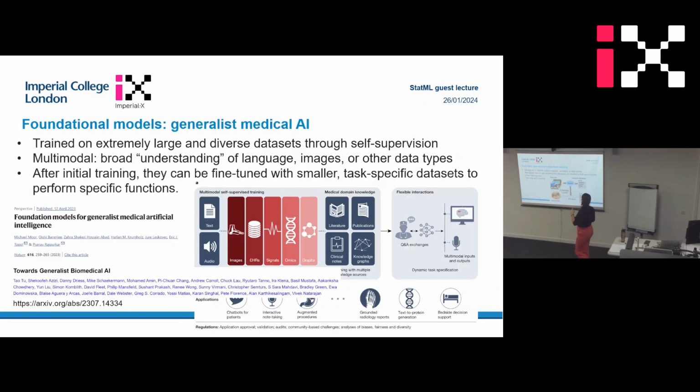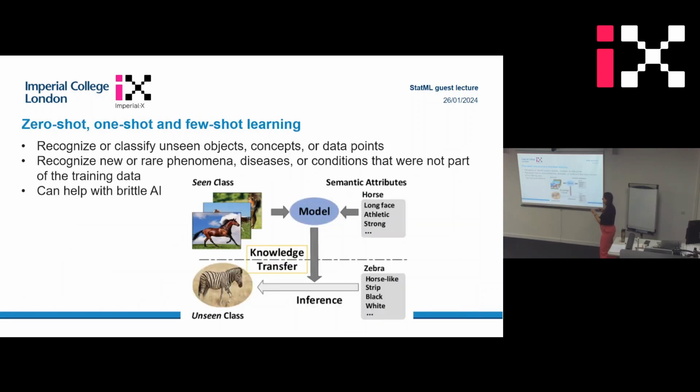These foundational models are very often very good at either zero-shot or few-shot learning, which is what we're going to look at. The basic idea of zero-shot is that the network will be able to recognize or classify unseen objects, something it has never seen before, through inference and knowledge transfer. One-shot would be like you give it one example of what you want it to do, and then it infers from there.